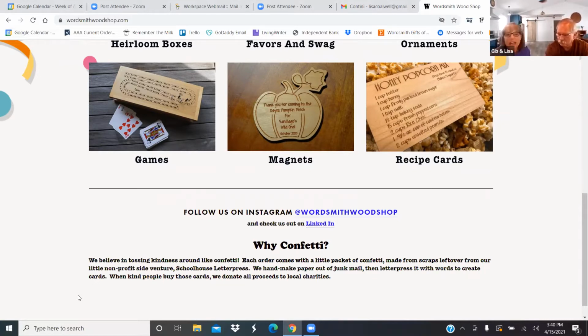We would like to put a little packet of confetti in every order. And that confetti is actually made from scraps left over from our little side business that's a nonprofit where we make cards out of handmade paper and letterpress it, and all of the profits from those cards go to our local charities.